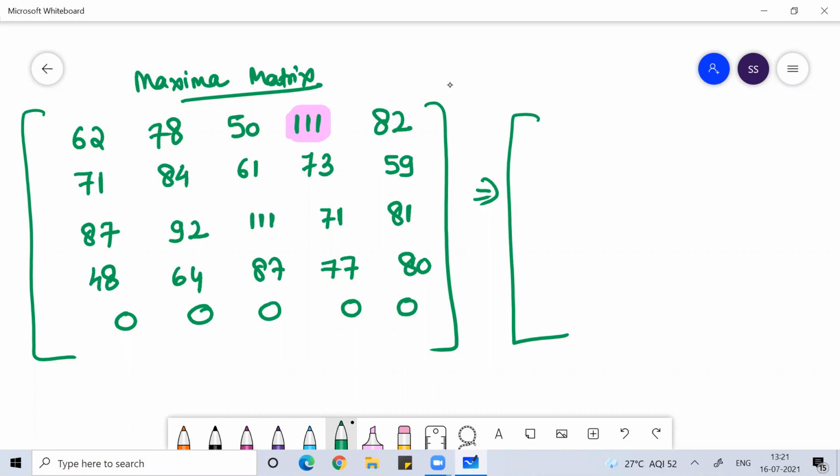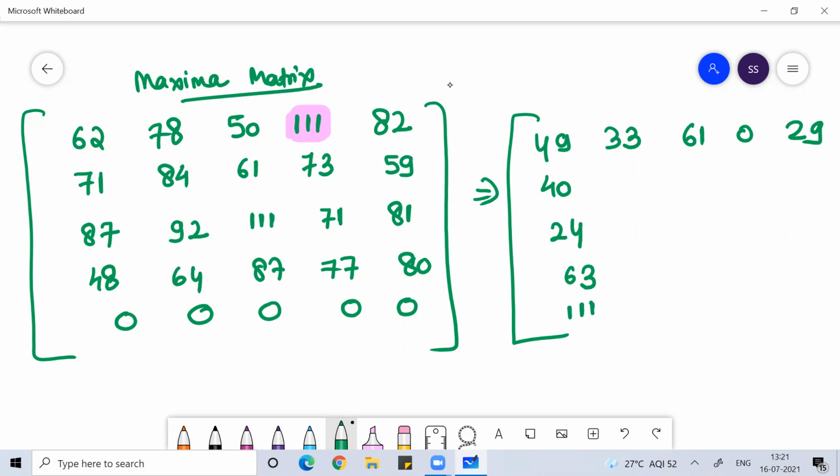So 111 minus 62, you get 49. 111 minus 78, that is 33. 111 minus 50, that is 61. 111 minus 111, 0. Then 111 minus 82, that is 29. Then 111 minus 71, that is 40. 111 minus 87, that is 24. 111 minus 48, that is 63. 111 minus 0, that is 111.